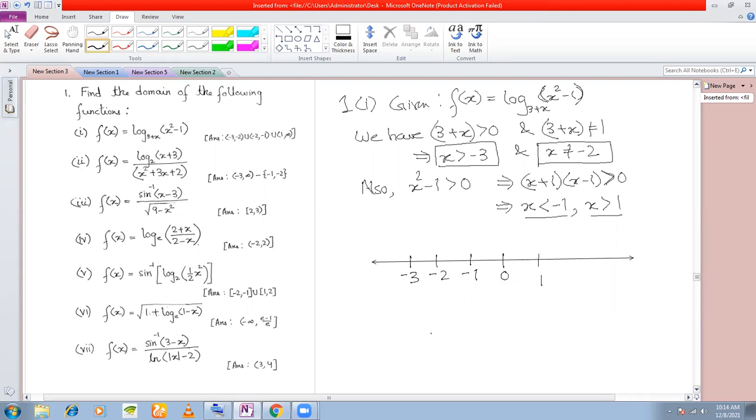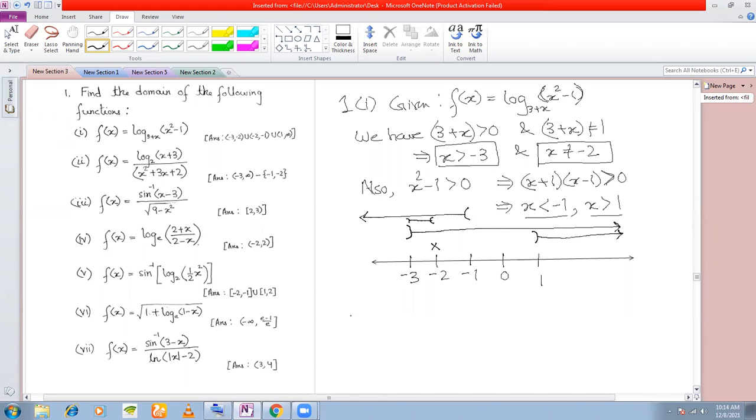Now x is greater than minus 3, so it can take all values greater than minus 3. x cannot be equal to minus 2, so it cannot take this value. And x has to be less than minus 1, so it can take all these values, and x has to be greater than 1.